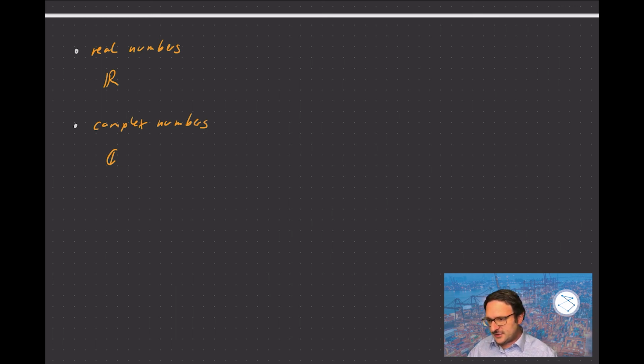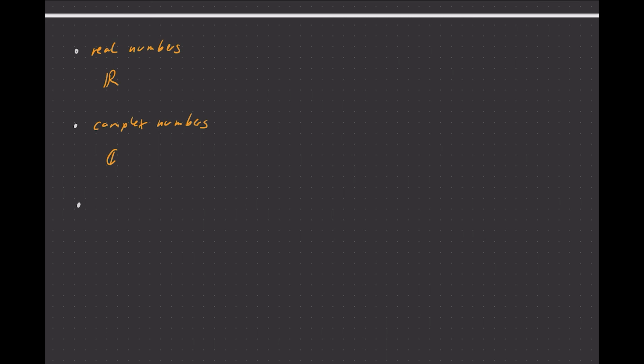I'd like to introduce one more shorthand for a restricted set. We'll often refer to positive real numbers, negative real numbers, or non-negative, non-positive real numbers. For those, I'm using a convenient shorthand. Those will be denoted by something like R, and then I'll have an index that indicates which part of R I mean.